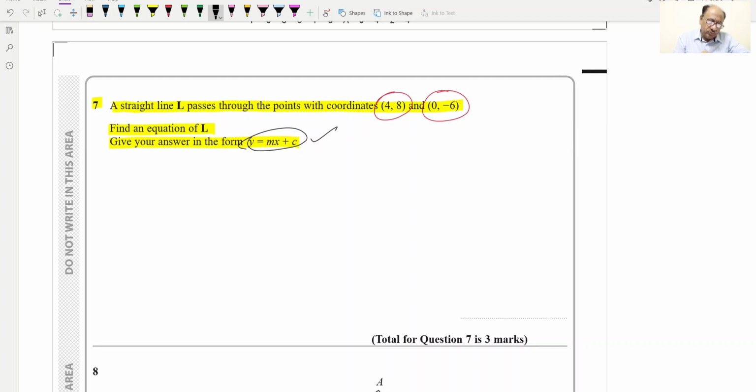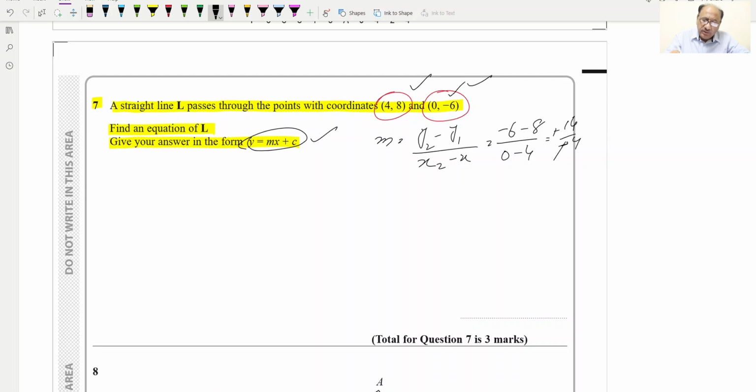So to write the equation we will be using these 2 points, and we will first find the gradient, and you know gradient is what? Gradient is m is equal to y2 minus y1 over x2 minus x1, by replacing values. So if we take this as minus 6 as y2, so minus 6 minus 8 will be divided by 0 minus 4, and this will be minus 14 over minus 4.